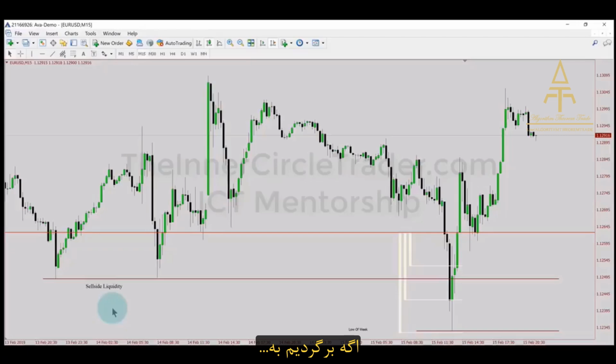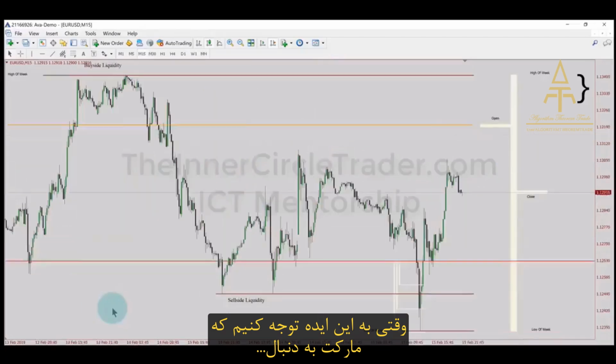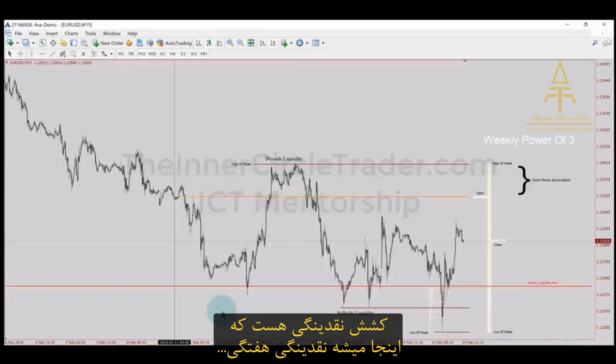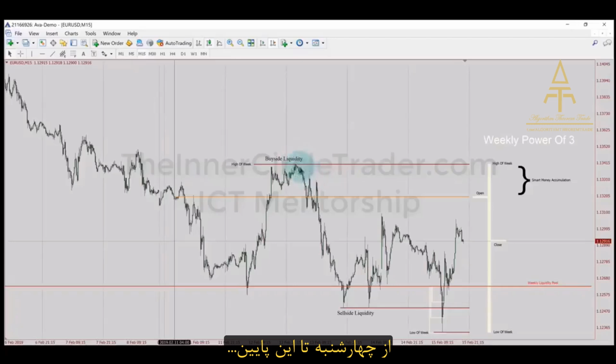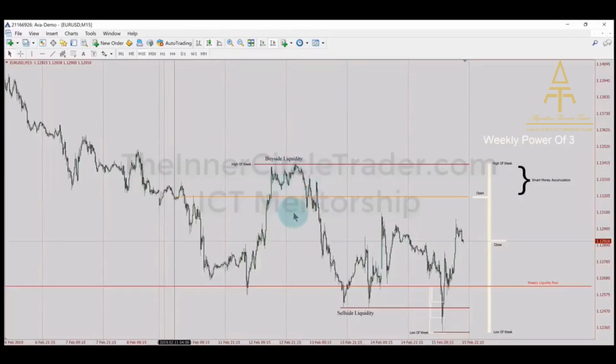So if we go back and we look at that idea of when the market is seeking that higher time frame draw on liquidity, which is again that weekly liquidity pool, from Wednesday down to here, we're above that opening price. So all up in here, we're close to, if not at, the very high of the week.